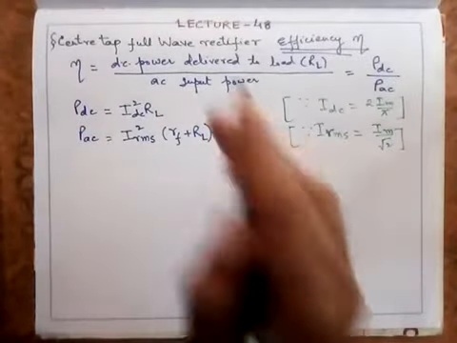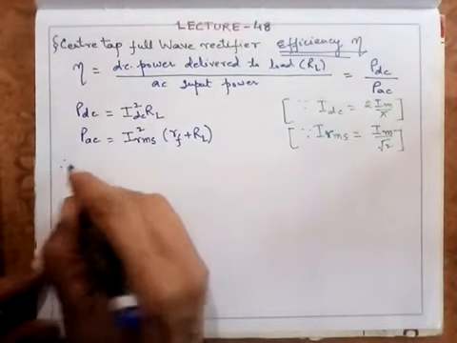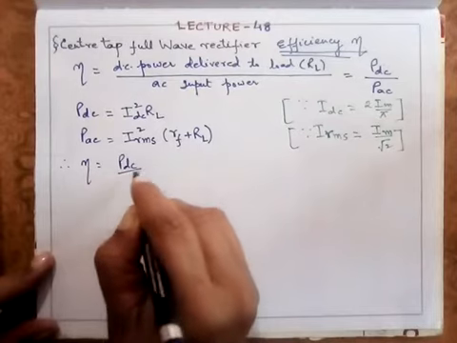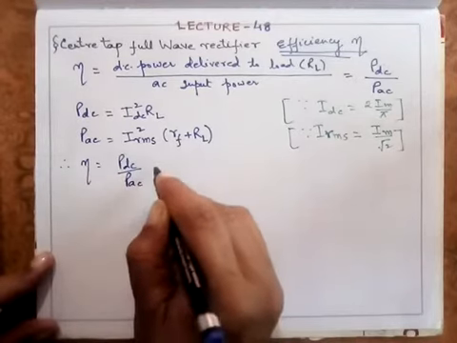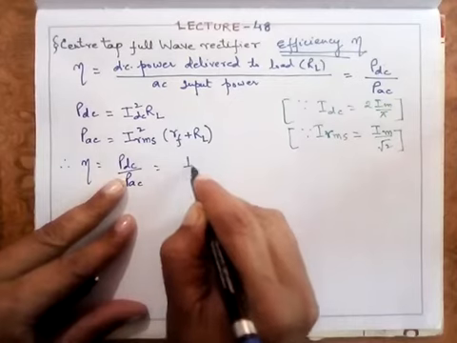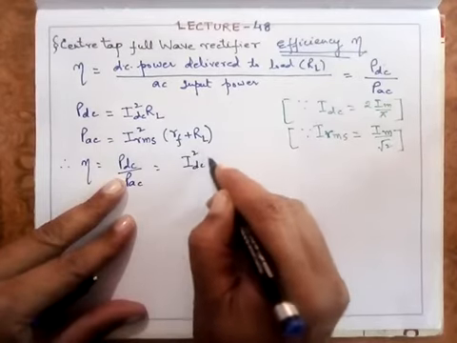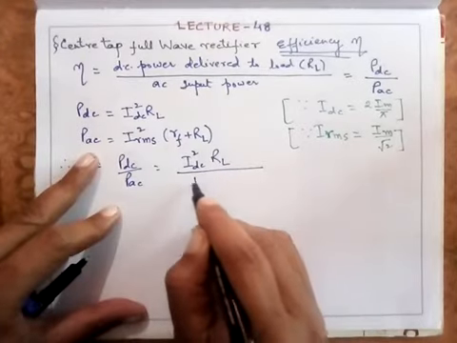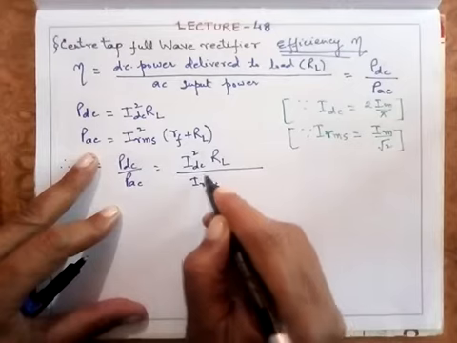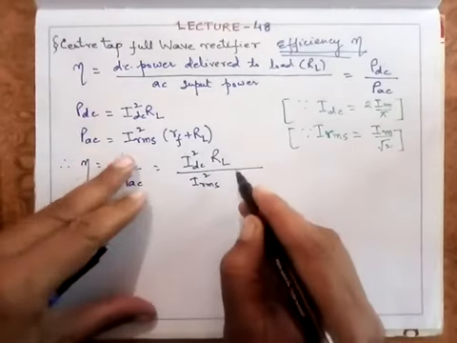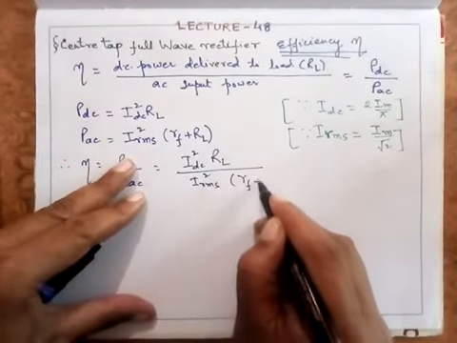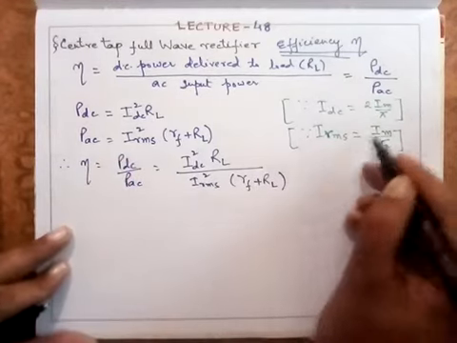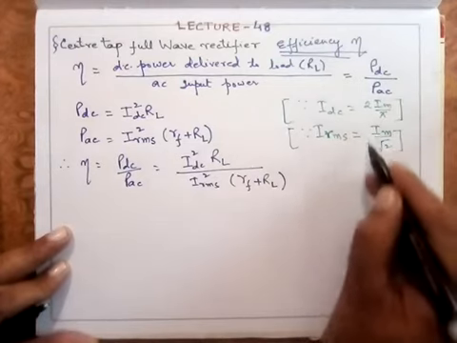So finally the value of eta, which is equal to PDC upon PAC, will be equal to IDC square into RL upon IRMS whole square into Rf plus RL. Now I substitute the values of IDC and IRMS as 2 Im by pi and Im upon root 2.